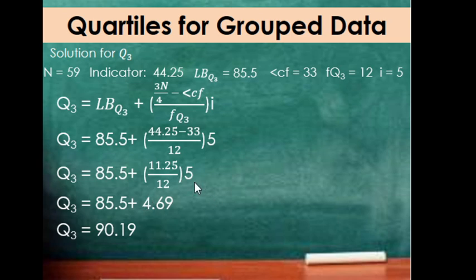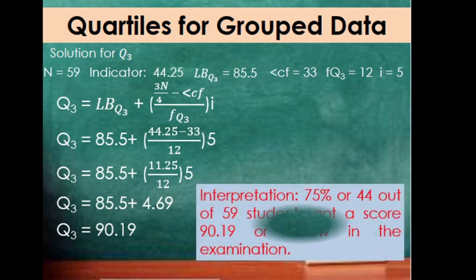So therefore, the upper quartile or quartile 3 is equal to 90.19. Again, kailangan natin siyang i-interpret. So, ibig sabihin, 75% or 44 out of 59 students got a score of 90.19 or below in the examination.